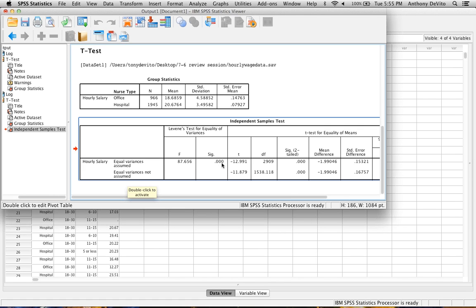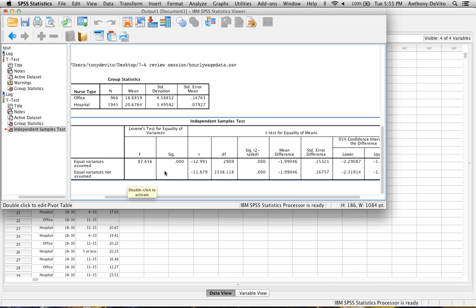If this number here, the significance, had been bigger than 0.05, then we would have said, oh, there's too big a chance for us to make an error if I reject the null hypothesis, because the probability of making an error is greater than 0.05, right? So then I would stick with the top line and not use the alternative, equal variances not assumed. So I'm going with the bottom line.